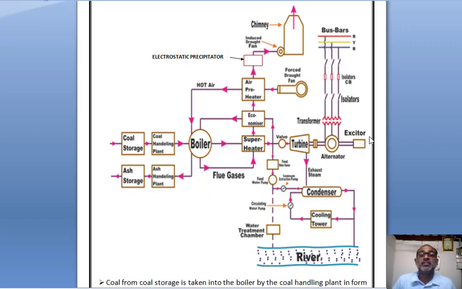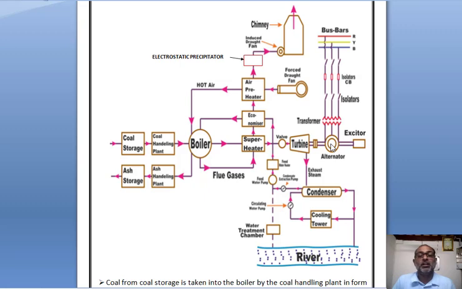So here we can say one exciter is connected with this alternator. This is the exciter, it is nothing but a type of DC generator which produces DC supply or DC voltage. So what is the requirement of this exciter? Because these alternators require DC supply for the field winding to produce magnetic field.